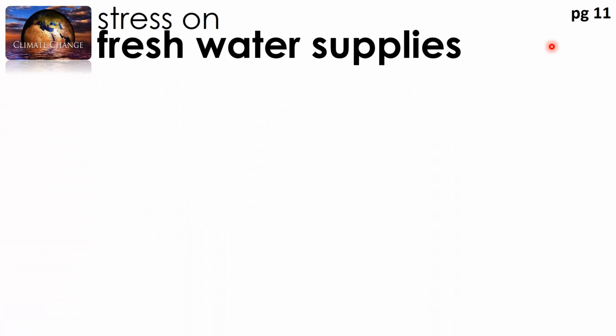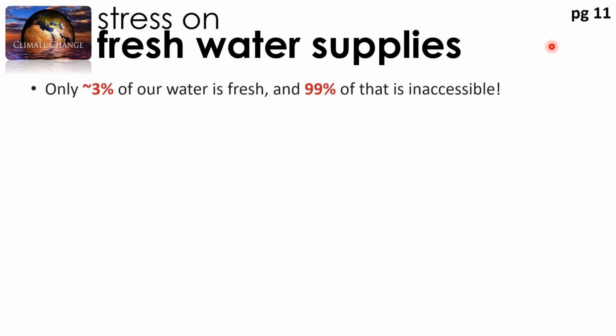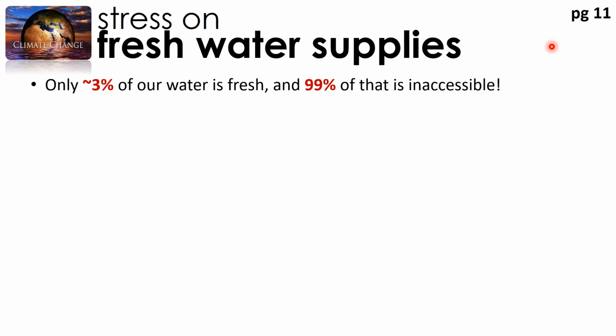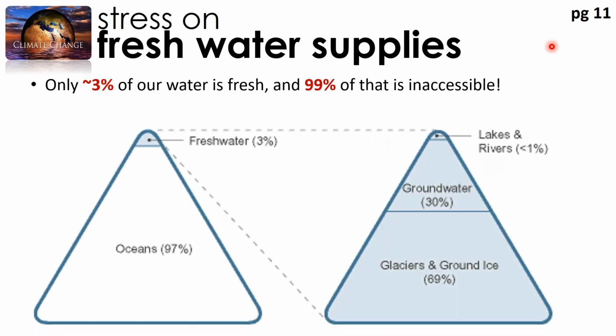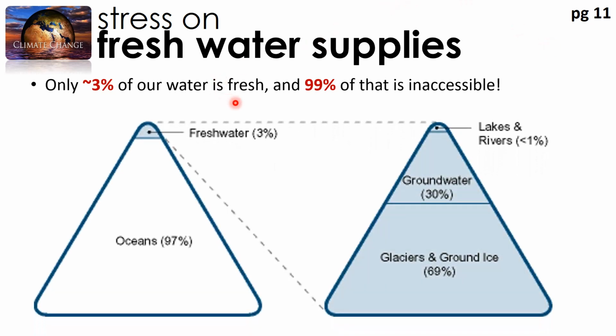Okay, right. So now let's look at the effect of increased greenhouse gas emissions and human activities on the stress on freshwater supplies. First of all, do you know that only about 3% of Earth's water is fresh? The remaining 97% is actually found in our oceans, right?